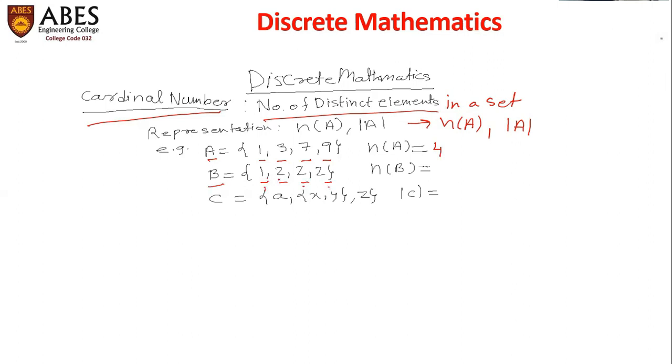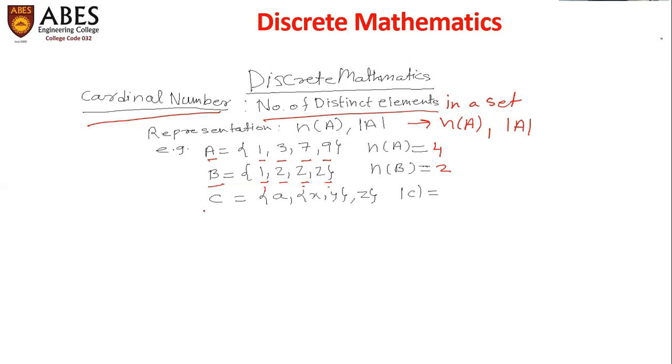So here there are two distinct elements, 1 and 2, so the cardinality of set B is 2. Here we only consider distinct elements. If repetitive elements are available, then the repetitive element is considered only one time, a single time.